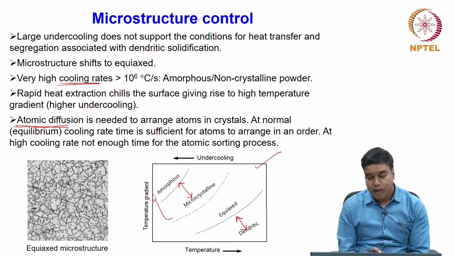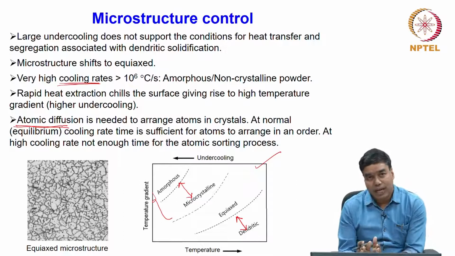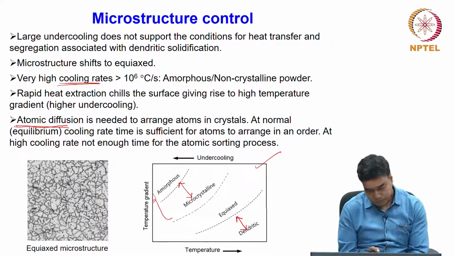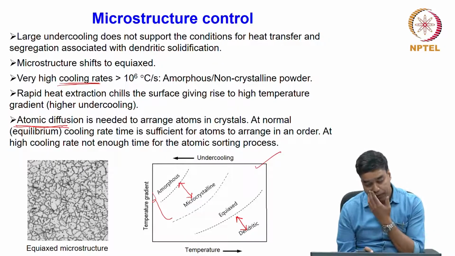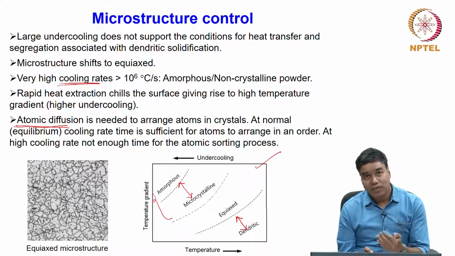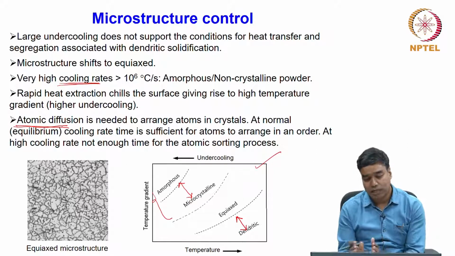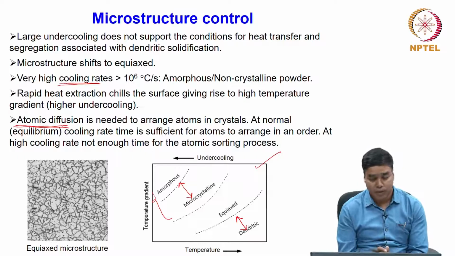Okay. On the other hand, if that time is not allowed for the atoms to get arranged in a particular order, then the solid which will finally form may not have that crystalline structure, because we have not allowed that time itself for the atoms to get arranged, right.